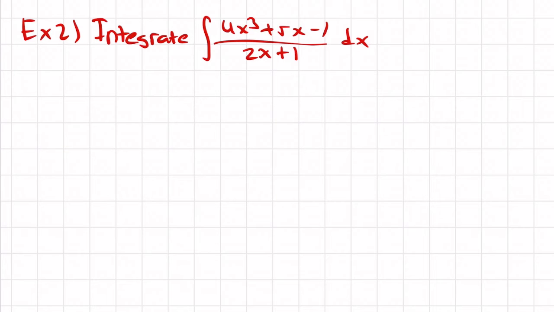We're going to integrate 4x cubed plus 5x minus 1 over 2x plus 1. So the first thing we want to do is check the terms with the highest powers in both the numerator and the denominator. The term with the highest power in the numerator is 4x cubed, and the term with the highest power in the denominator is 2x to the 1 power.